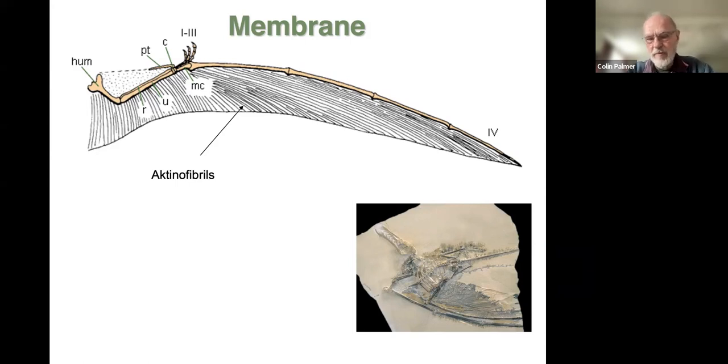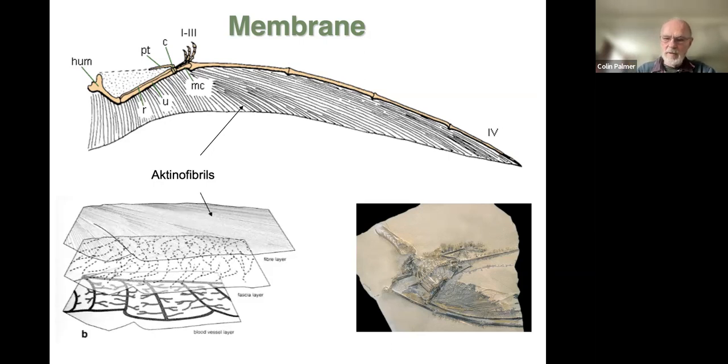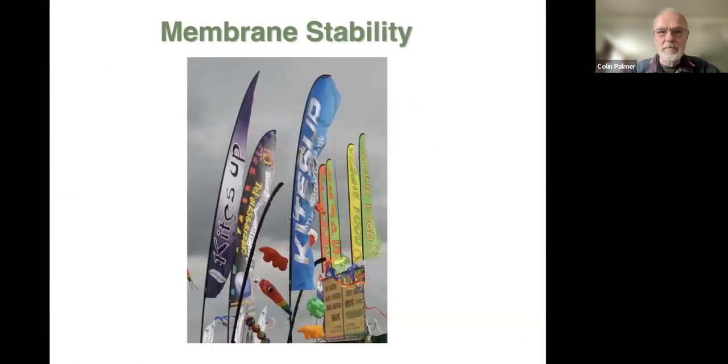And we know that from fossils of small rhamphorhynchids, the one down there on the right. So there is some soft tissue preservation. And that's how the wing builds up. There's a layer of fibers. There's probably then underneath that you've got muscles and blood vessels, of course, because it's living tissue.